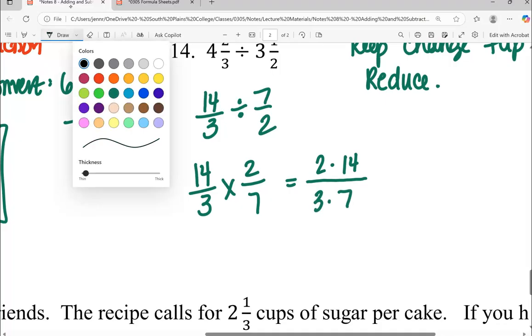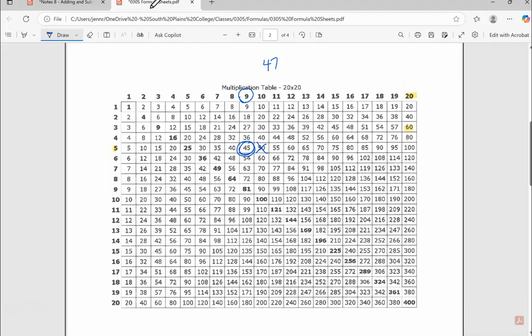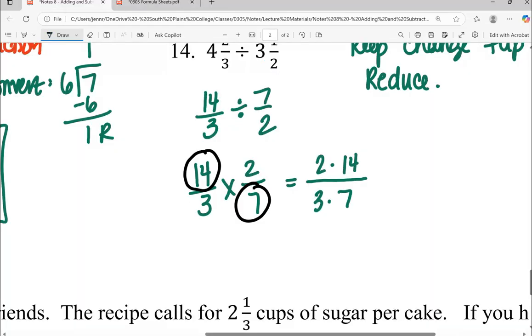I flipped because I was kind of planning ahead here. I remembered that 7 and 14 have something in common. 7 and 14 both show up in the 7 list. That means I can divide a 7 out of both of them to simplify my life.